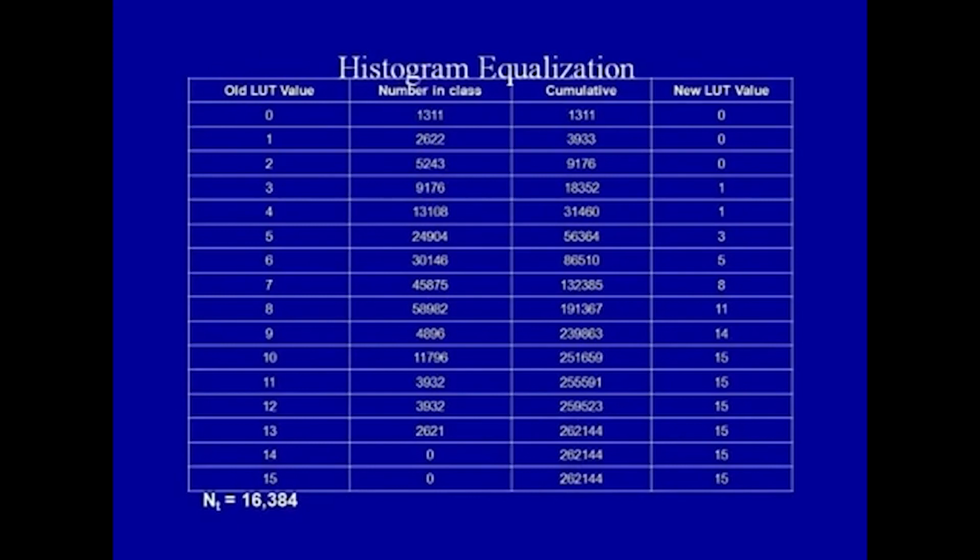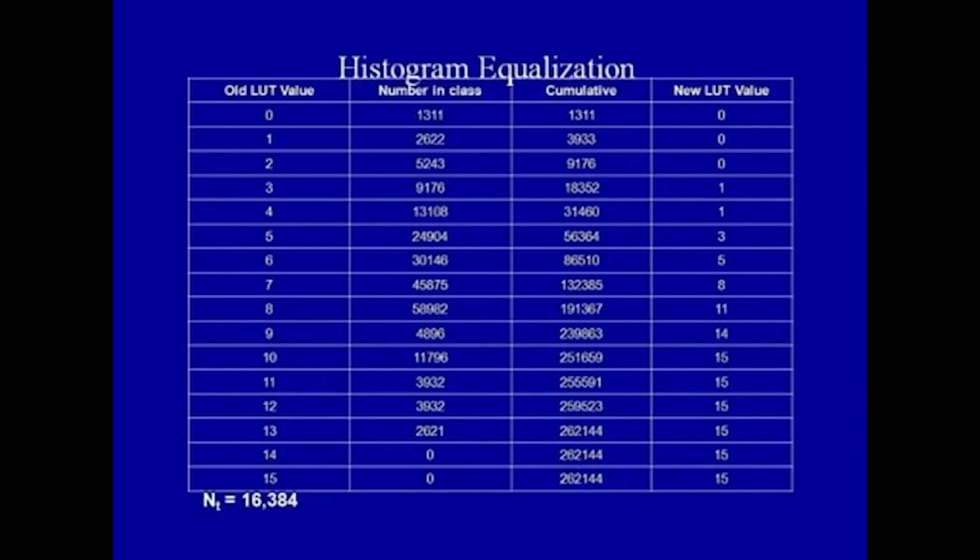As I have said earlier, one can see that there are gaps in the assignment of new brightness values. For example, brightness value 2 is not there. Similarly, brightness value 4 is not there. We are also missing brightness values 6 and 7.